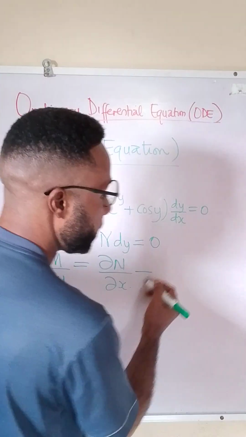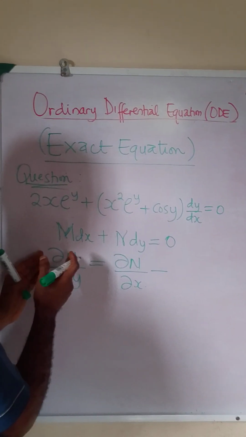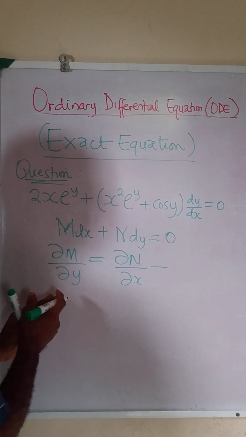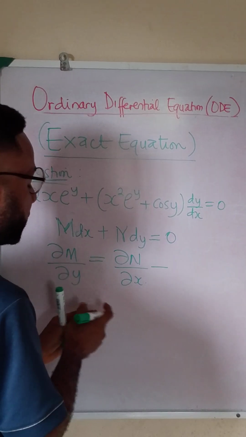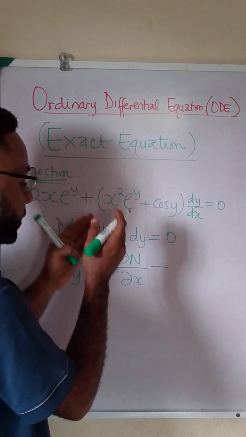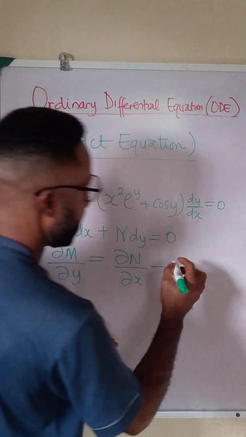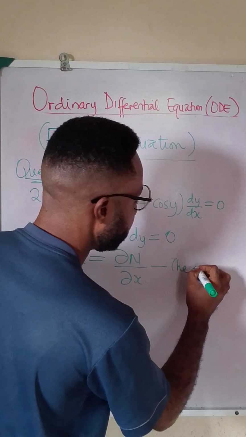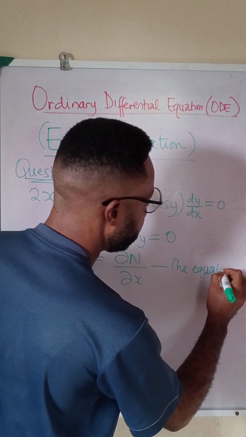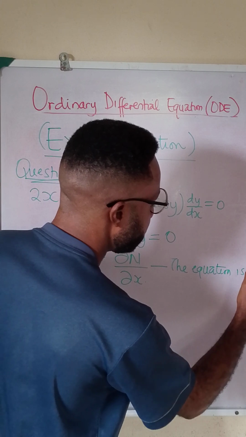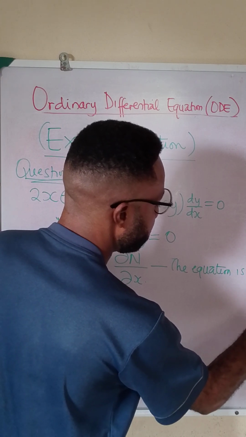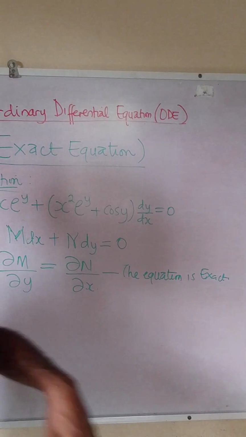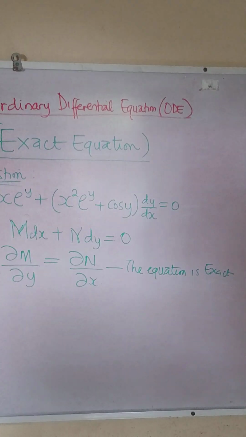So if the partial derivative of M with respect to y has the same value as the partial derivative of N with respect to x, you can say that the equation is exact. It is at this point that you can now solve it. Okay, let's continue with this solution.